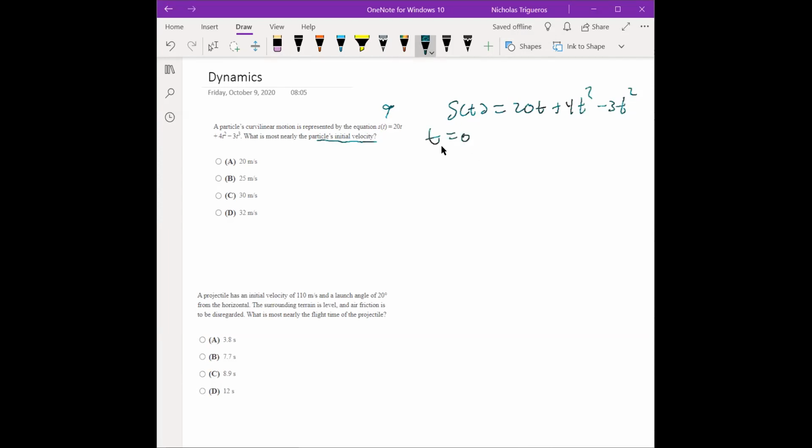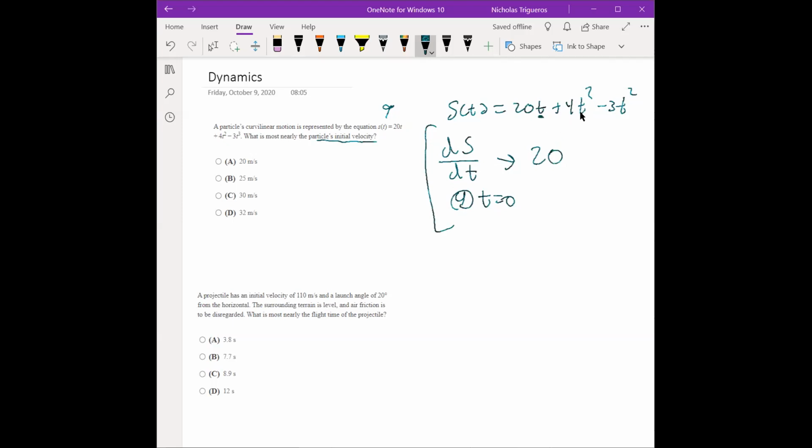This is what we're going to be looking at, which is going to give us 20. Does everybody understand that? You take a derivative, the 20t is going to turn into 20.